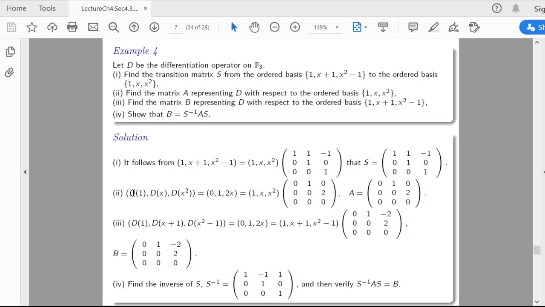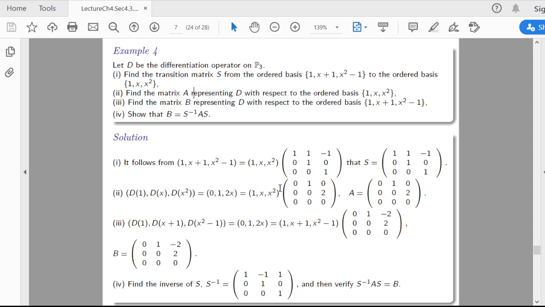Of course, the derivative of 1 is 0. Derivative of x is 1. Derivative of x squared is 2x. Now this we can write it down in terms of the basis. So this vector is the same as 0, equal to 1 times 0, x times 0 plus x squared times 0. So that's just 0.